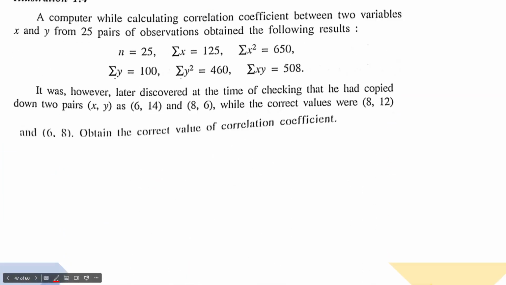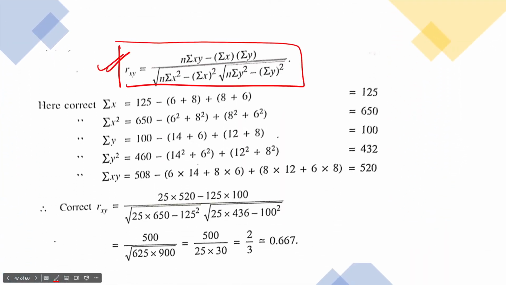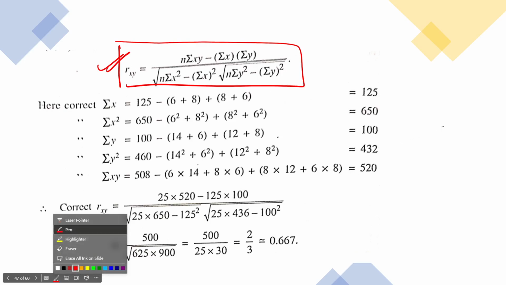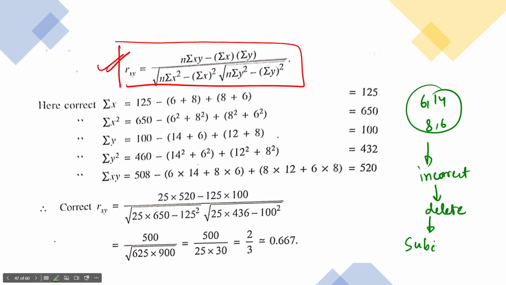So there is no problem. The incorrect pairs are 6, 14 and 8, 6. So you have to delete them, which mathematically means you have to subtract them.